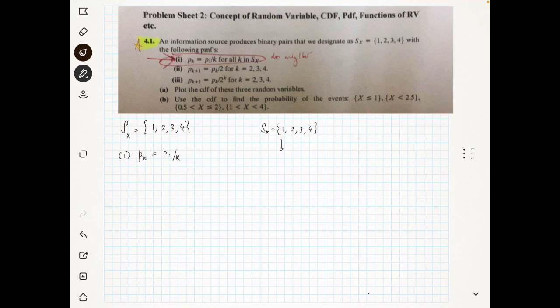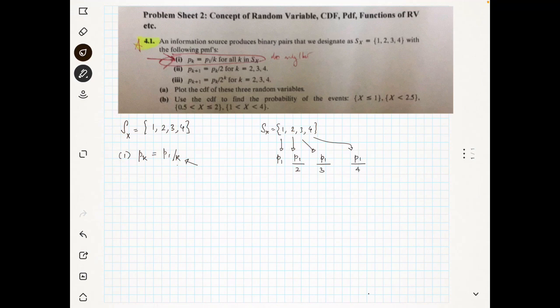Now 1 has the probability p1, and 2 has the probability p1 by k, which is p1 divided by 2 here. Next, the third one has the probability p1 divided by 3, because k is 3 here, and p4 is nothing but p1 divided by 4.